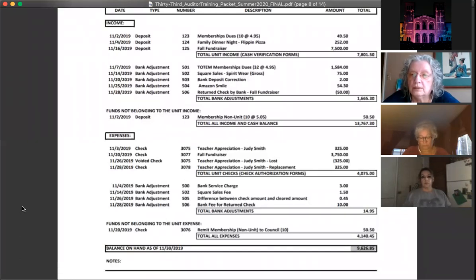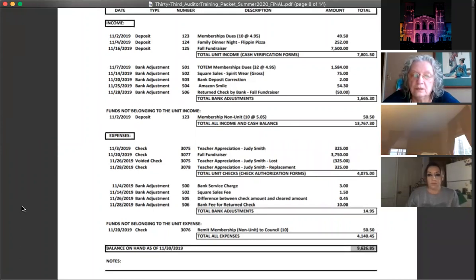You want to make sure that the person that wrote the bad check has reimbursed the unit. And so when the person pays the $60 in cash, you want to make sure to increase income by $50 and abate the expense. In other words, take the $10 out of the bank fee because that has been reimbursed.